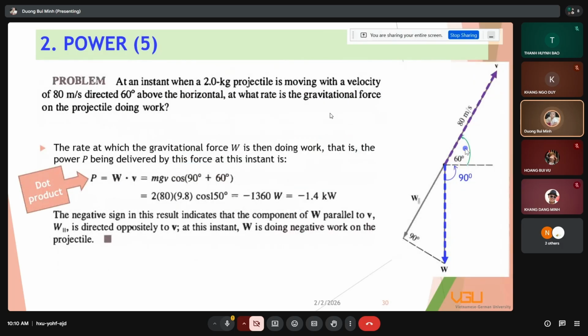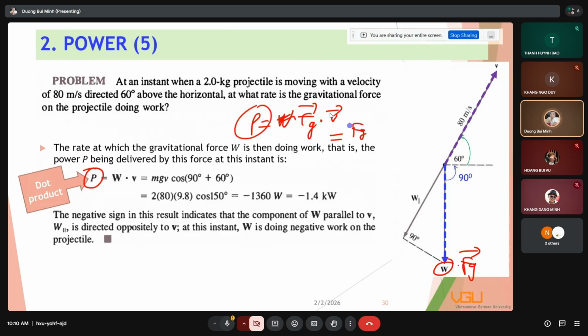For example, here we would like to calculate power. This is FG, the gravitational force. Maybe we make confusion with W, so here I say FG. FG dot v, you get power, right?